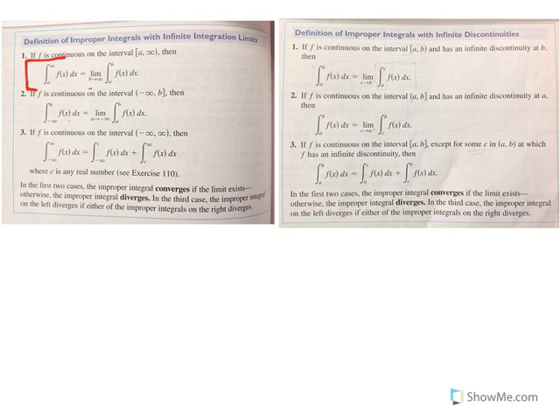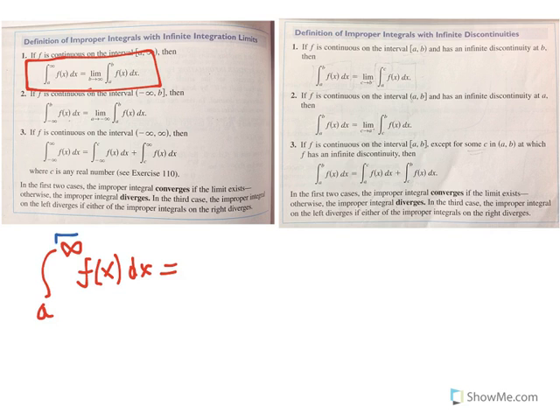So let's look at this definition. If you have an improper integral where the upper limit of integration is infinity, again, you've seen this before when we were learning about the integral test. What you do is turn it into something that you know how to work with, which is, of course, a definite integral. You know how to work with that using the fundamental theorem of calculus.